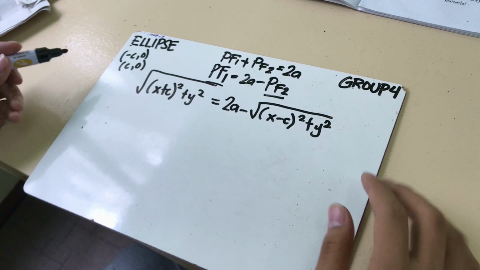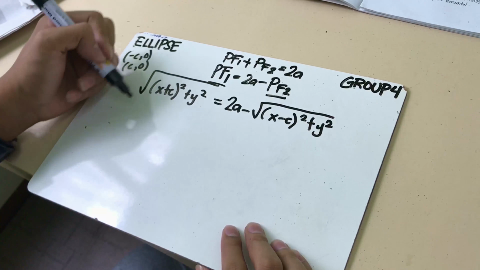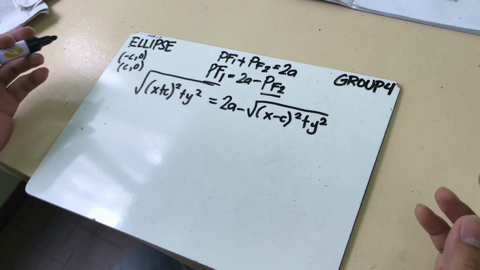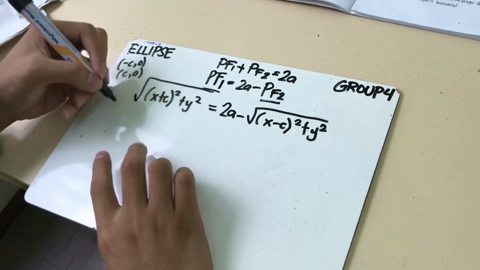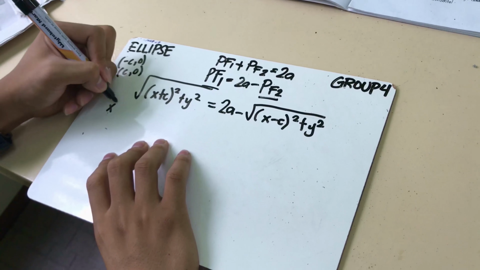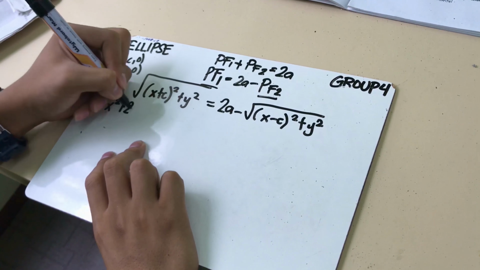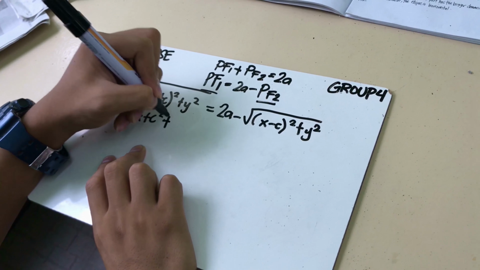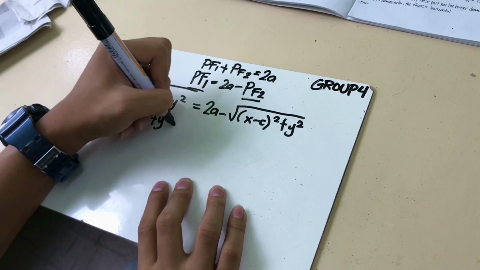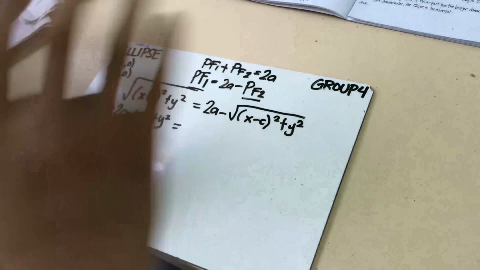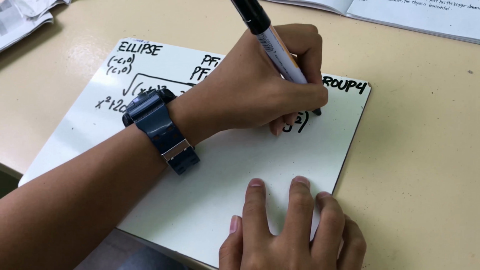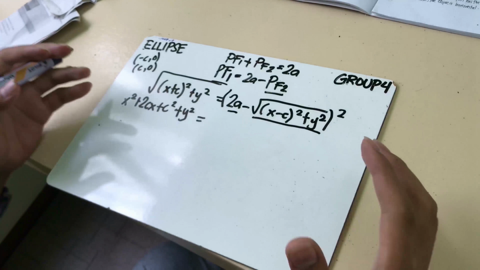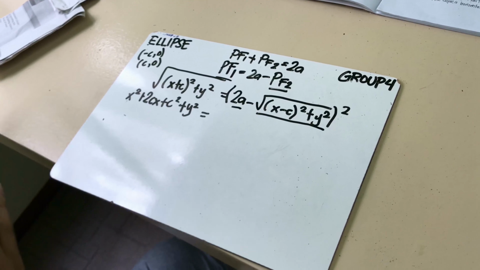So what we do next, we square both sides, and then we simplify what's inside. We will get x squared plus 2cx plus c squared plus y squared, you retain your y squared, is equal to, now this becomes squared. Now this is a binomial, so we do the FOIL method, which is done behind the scenes.